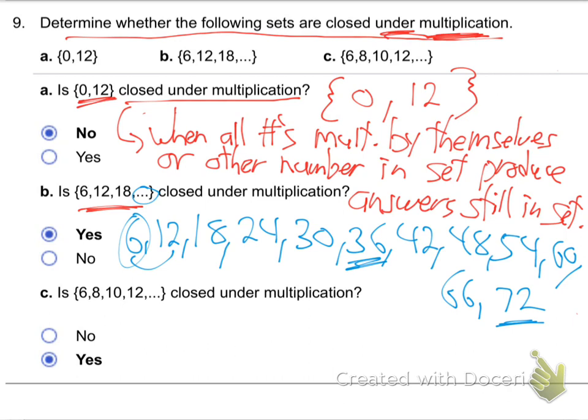How do you prove that? Like, how are we sure? How do you know there isn't like 66 times 72? Some gigantic number. How do you know that's still going to be in there? How do you know that's going to be somewhere down the line? Well, I'm asking too hard of a question, really.